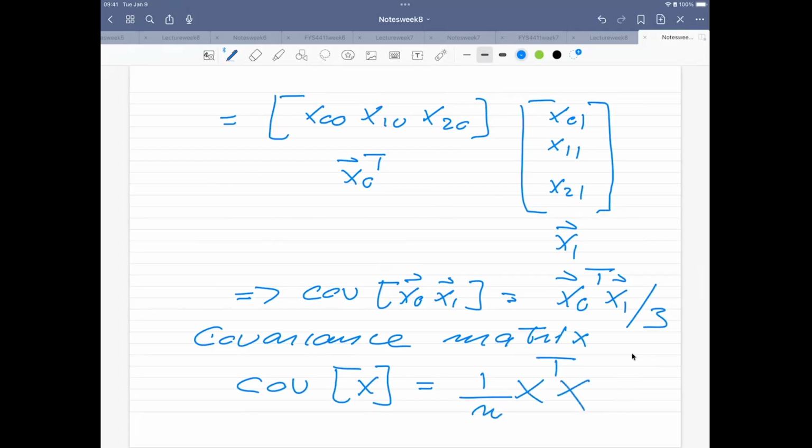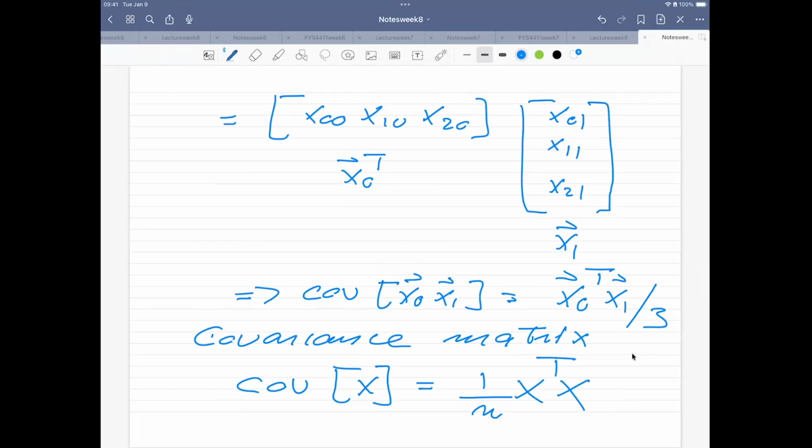And we have seen this quantity already in ordinary least squares. And we can actually link this quantity also with a singular value decomposition. If you do the singular value decomposition, you get immediately the eigenvalues of this matrix X transpose times X. And I will show you how that comes through.